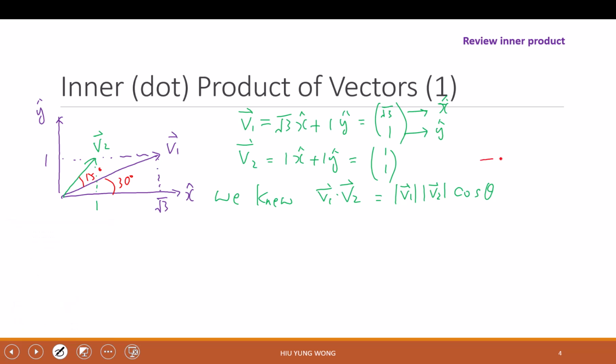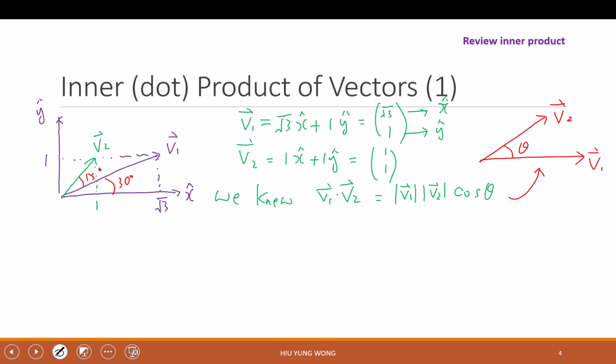For example, if you have V1 here, this is a vector, and you have V2 here, and if this is theta, then V1 dot V2 is equal to the length of V1 times the length of V2 times cosine theta. Okay, take it for granted, right? If you forgot, otherwise you should remember.